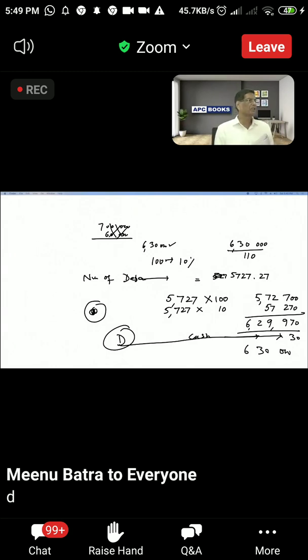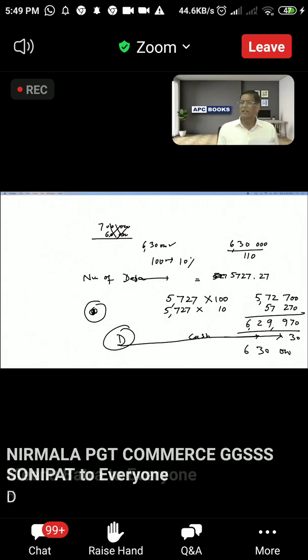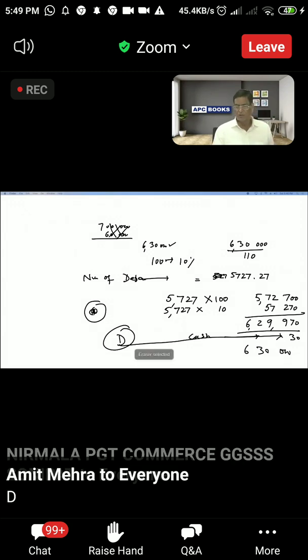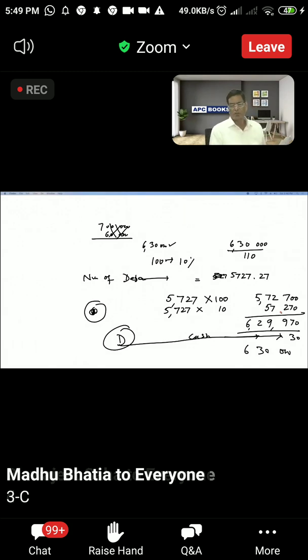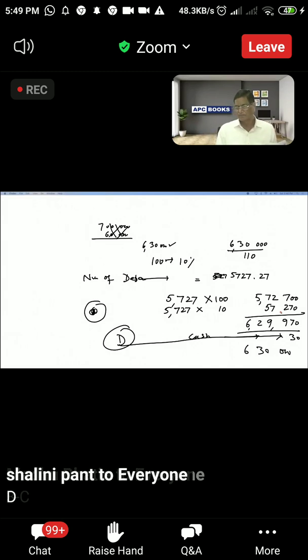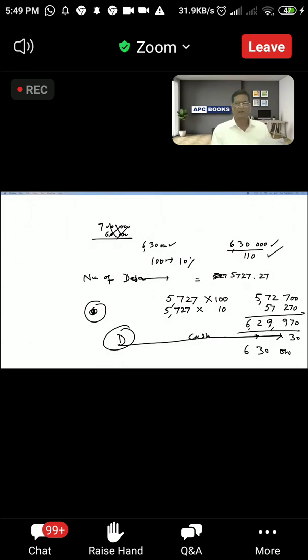In D option, debentures, premium, and cash 30 are given. So D option is very much correct. So they have given a question where the figure is not divisible by 110. Fractions are there. So that was question number 2.